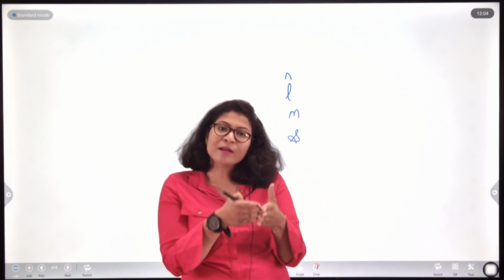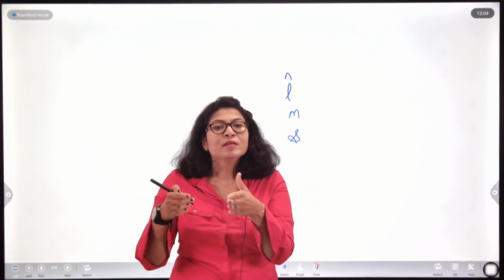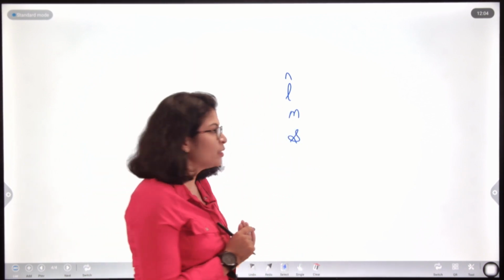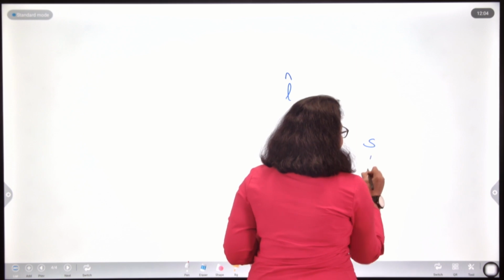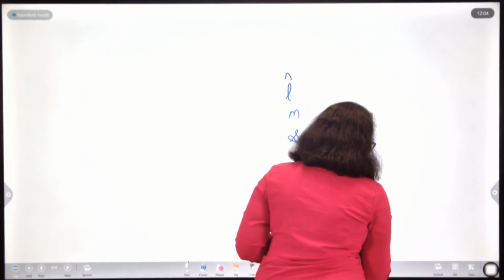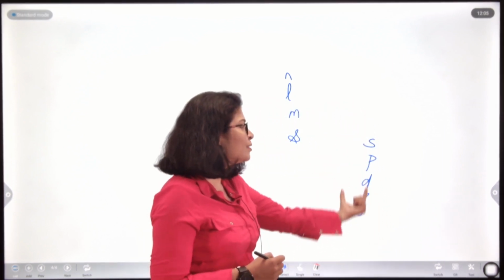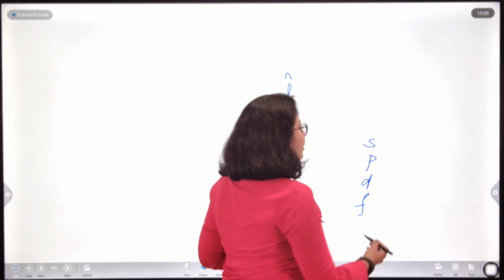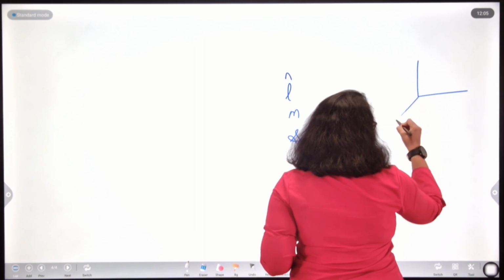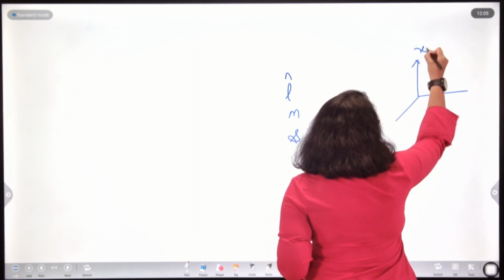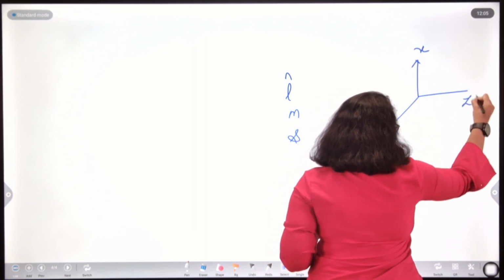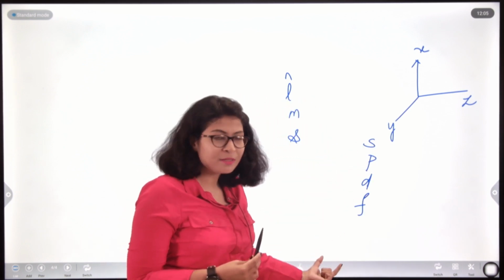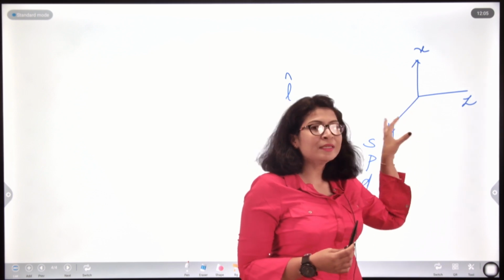A shell contains further subdivisions called subshells and there are 4 different types of subshells, that is S, P, D and F. Now, these subshells are distributed in a 3-dimensional space. So, if I consider x, y and z axis, it was assumed that these orbitals or subshells were spread out in these axes.